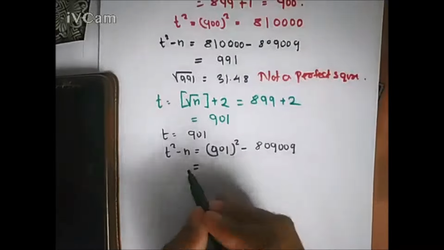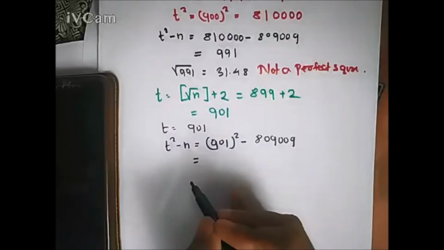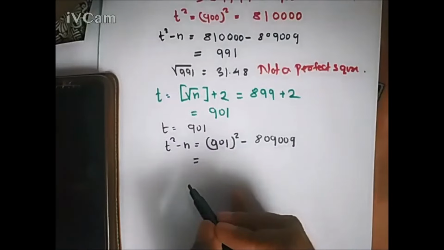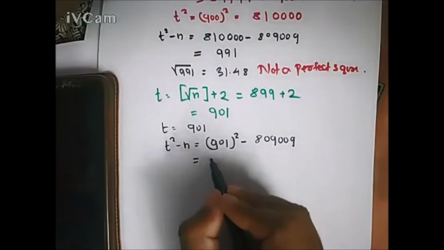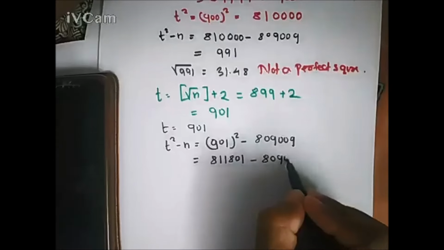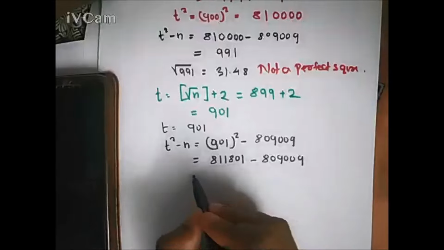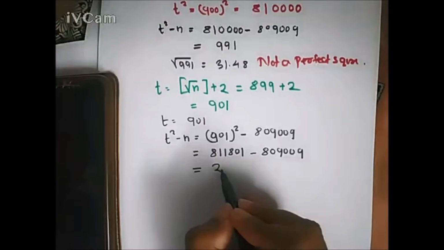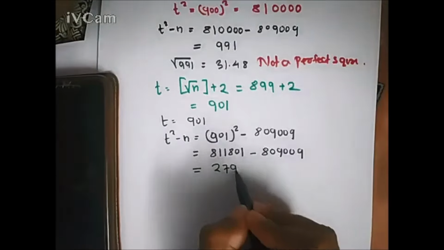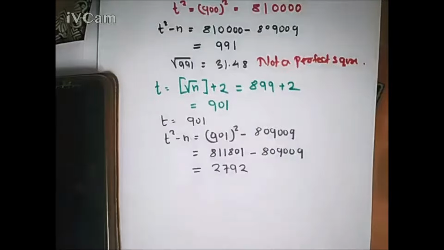So this value is how much? 901 square is 811,801 minus 809,009. So this equals, we are getting 2792.